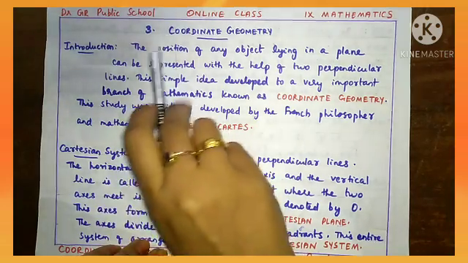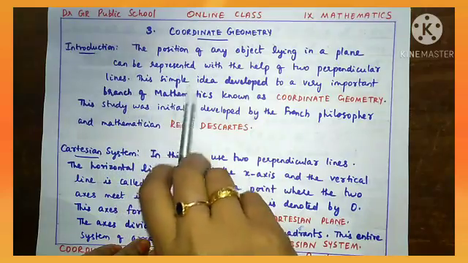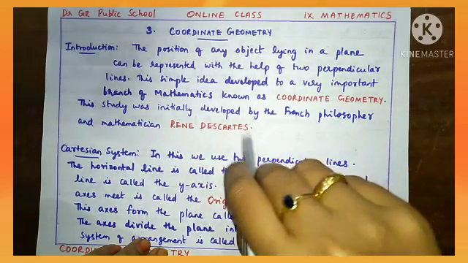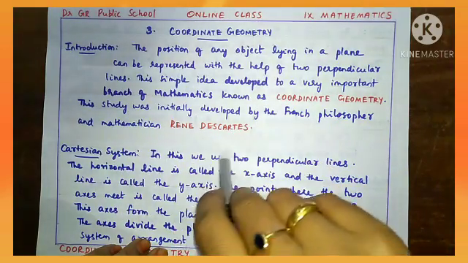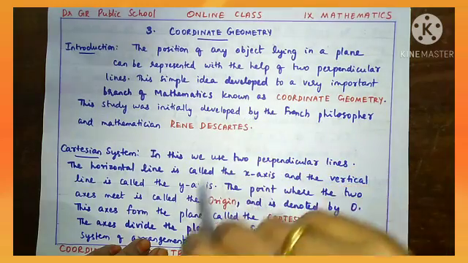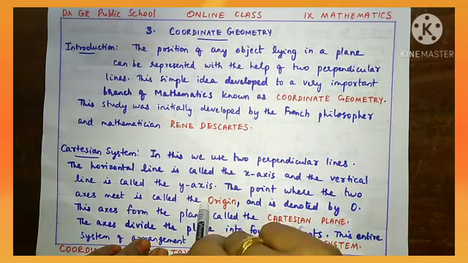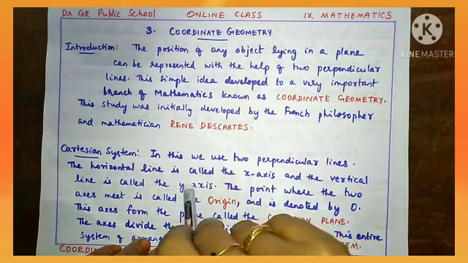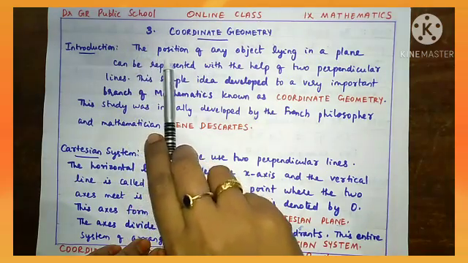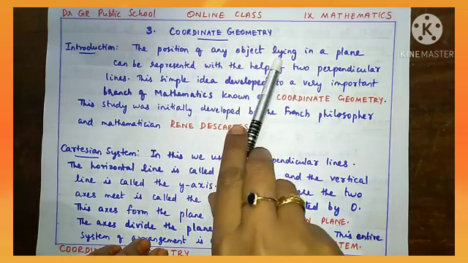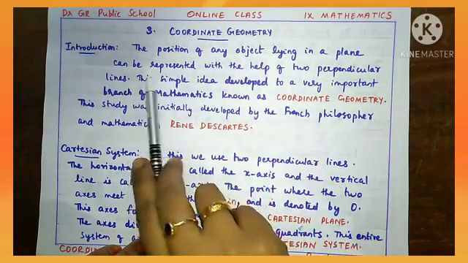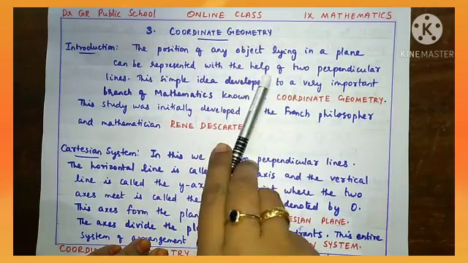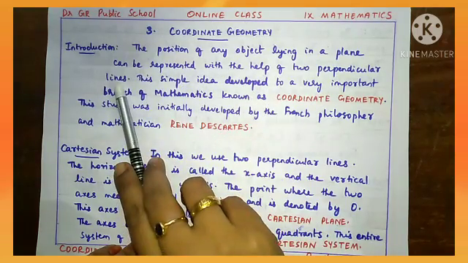Now see the introduction. What are the things you want to remember about this coordinate geometry? The introduction is written like this. The position of any object lying in a plane can be represented with the help of two perpendicular lines.